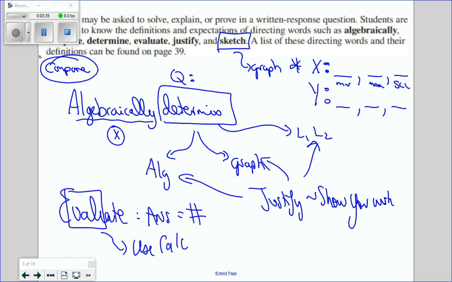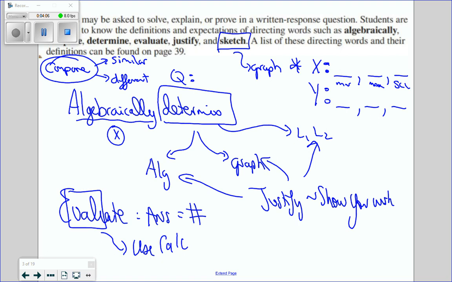You talk about the ways that they are similar. It does not mean that in math. Compare means tell me how they are similar and tell me how they are different. In social studies, it will say compare and contrast. In math, it will just say the word compare. And when you compare, you talk about the ways that they're the same and the ways that they are different.